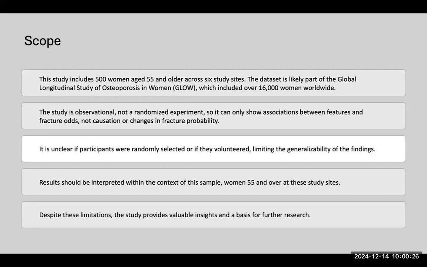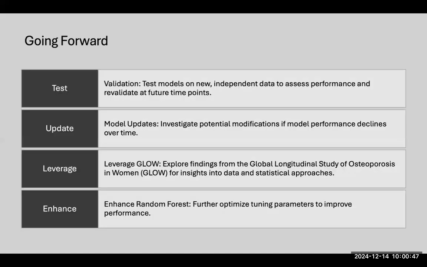It's unclear if participants were randomly selected or they volunteered, which limits the generalizability of the findings. Our results should be interpreted within the context of the sample, women 55 and over at these study sites. But despite these limitations, the study provides valuable insights and a basis for further research.